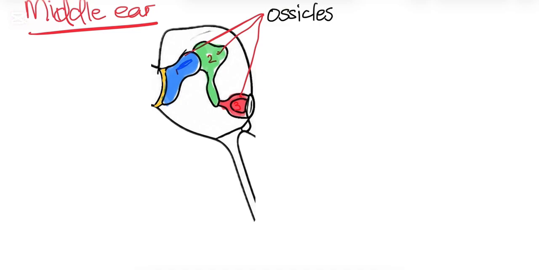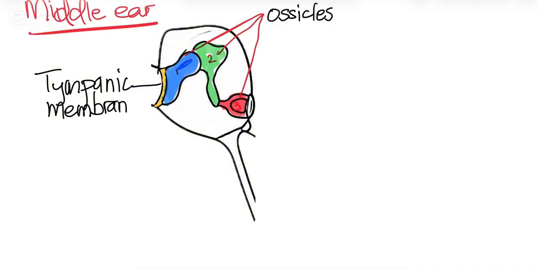So let's identify the first one, which is the larger bone. Maybe let's just also identify this part, even if we talked about it. Also, this is our tympanic membrane, the one that vibrates and generates vibrations. And these vibrations are then transmitted to the first bone, which is this one.